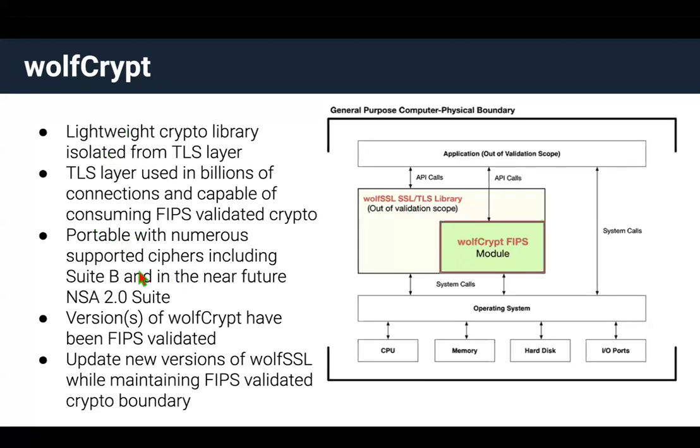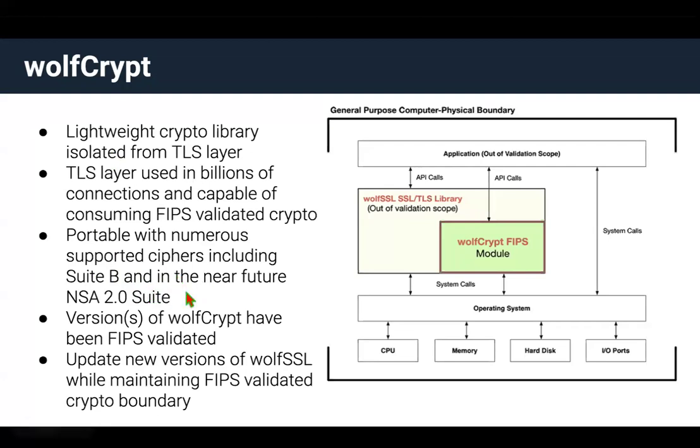Our current offering has all of NSA Suite B in it, and we're actually working right now on implementations of all the NSA 2.0 suite. So we've now got LMS, XMSS, and Kyber, our own implementations, and for the other post-quantum algorithms, we're still leveraging third-party libraries like libOQS and other external dependencies.